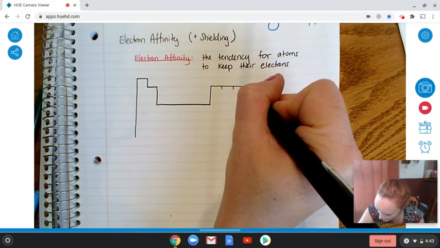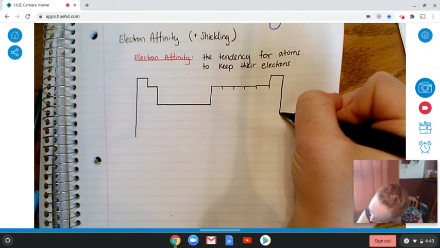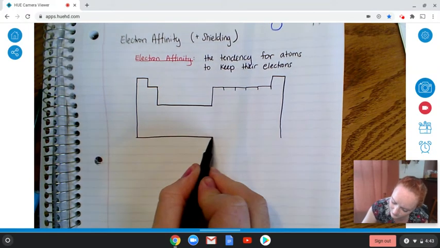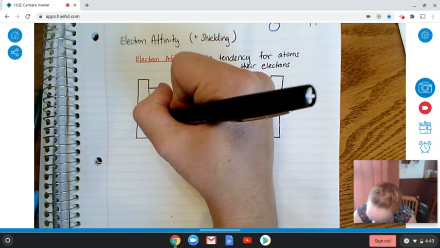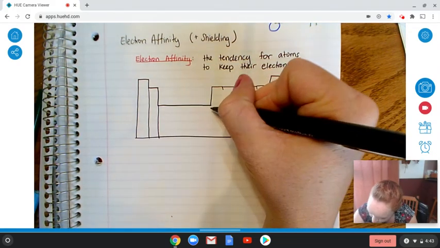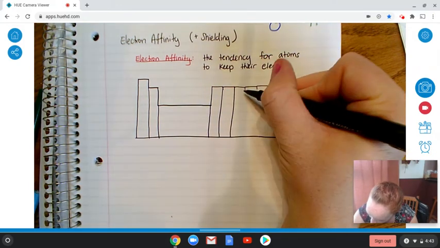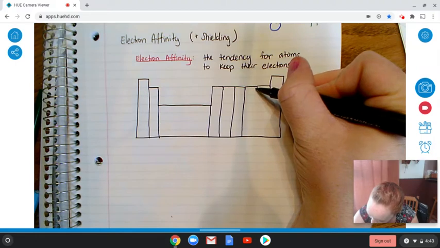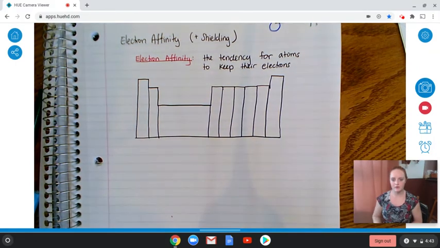Four, 5, 6, 8. This time I do want you to drop the column lines down, so that we can talk about how the tendency to keep electrons changes as we move across a table.